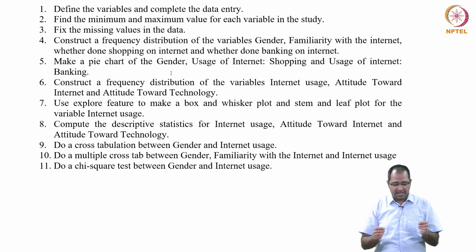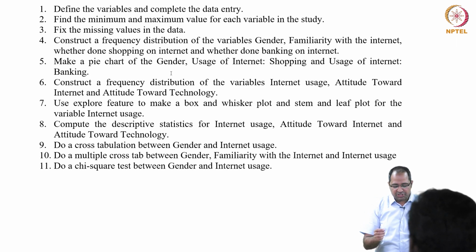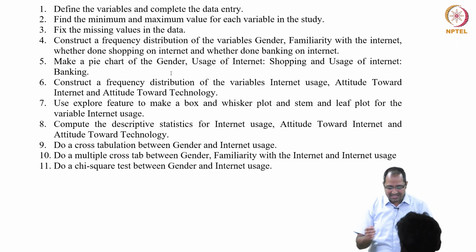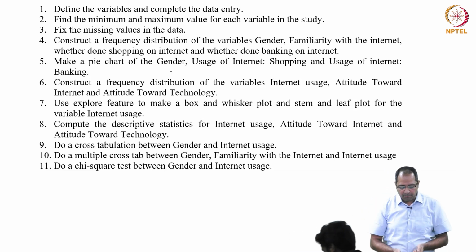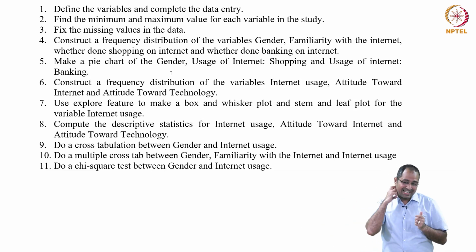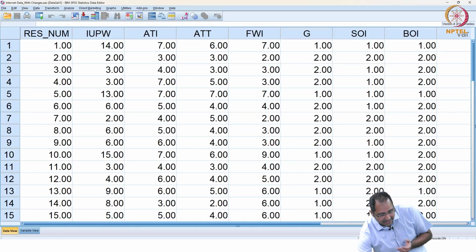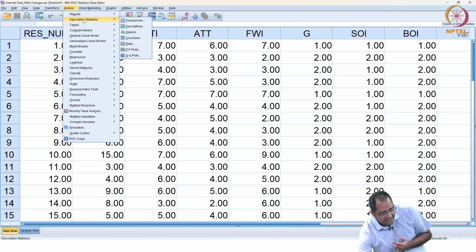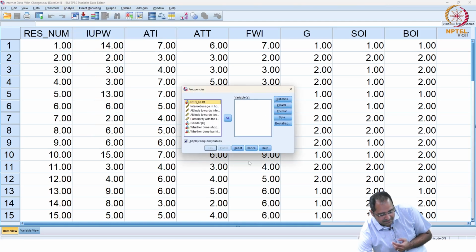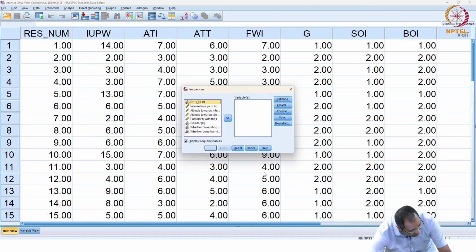Step number 4 is construct a frequency distribution of the variables: gender, familiarity with the internet, whether done shopping on internet, whether done banking on internet. It's very simple. One has to go to analyze, descriptive, frequencies. What all variables are there?